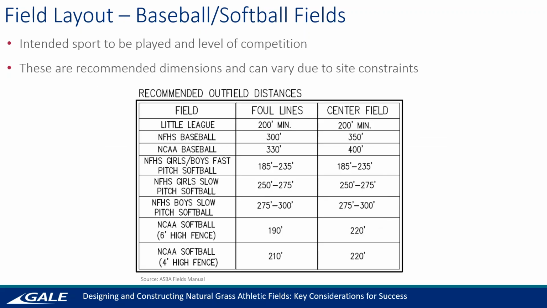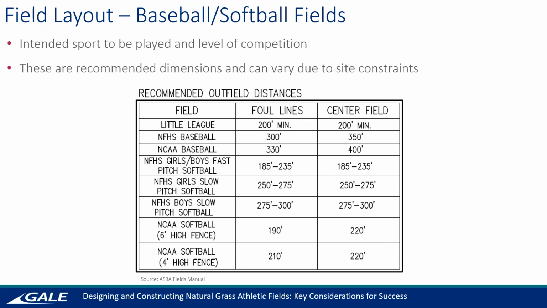So next slide here, we're talking a similar situation, but for baseball and softball fields. Again, baseball and softball can get dictated. There's a whole slew of ranges that can happen, and they're all recommendations, right, for baseball for different types of outfield lengths. But typically, if we can get it, we want to stay within 330 down the foul lines to 400 in the center.